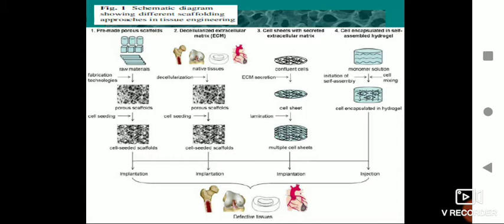And finally, the fourth approach is to encapsulate the cells in the biomaterial, which can be assembled into a specific scaffold structure and used as a tissue engineered product. Hence, in this case also, the cell seeding is done along with the biomaterial in the beginning itself, which is a hydrogel material that can be assembled into the desired tissue structure, right?